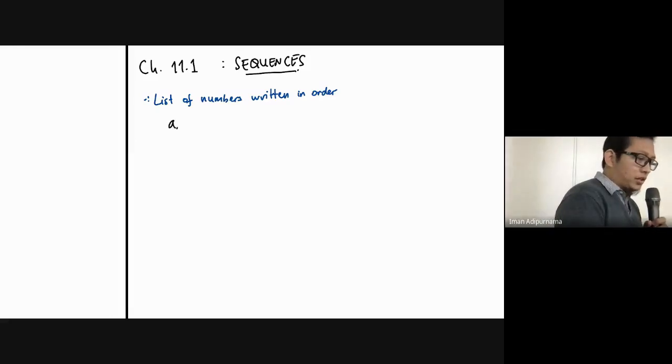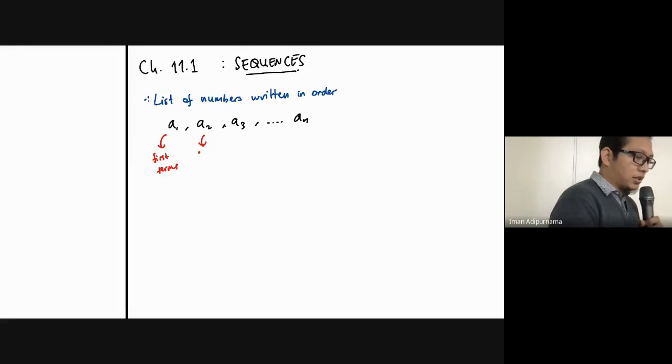We can write, for example, the terms that are usually common in a sequence. We are using a. a1, a2, a3, meaning this is the first term, second, and so on.